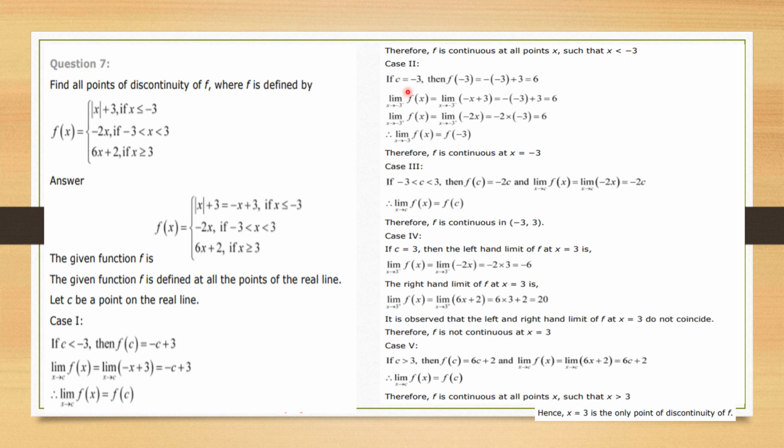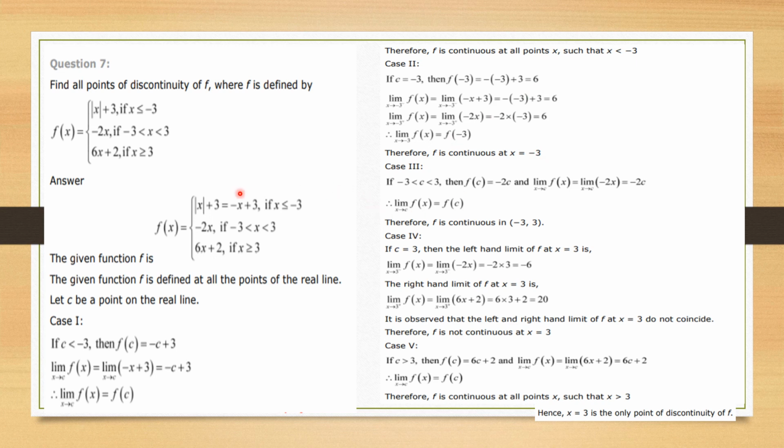Second case is at -3. At -3 there are two definings, this one and this one. So I'll check the left hand limit and right hand limit separately. Both are equal and coming out equal to the value of the function at -3. Both the limits are the same, that's 6, and f(-3) is also 6, so the function is continuous.